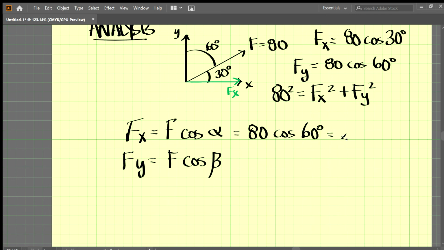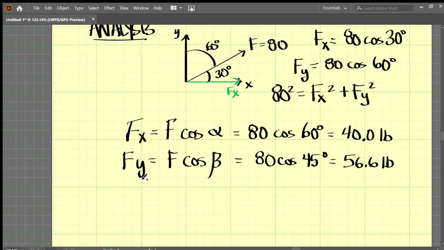So we know that is 40.0 pounds. And for Fy, we have 80 cosine 45 degrees, which comes out to 56.6 pounds. All right, so those are two of the things that we need, so we could circle those for our answers.